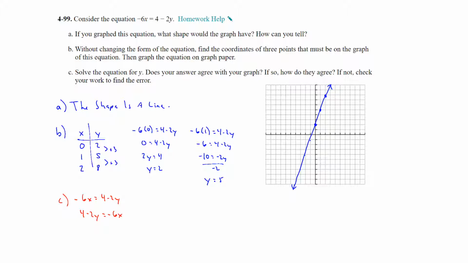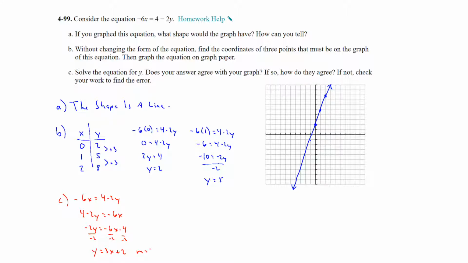Not change anything, just changing sides. So if I subtract 4, that's minus 4 minus 6x. And actually, let me delete the x first. So we'll write it as negative 6x minus 4. And then divide everything through by negative 2. And that will leave us with y equals 3x plus 2.